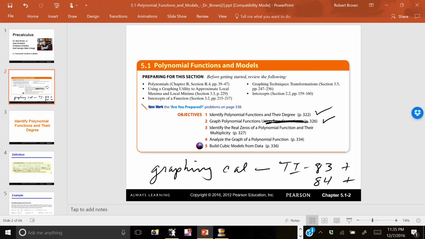Then we're going to be able to identify the real zeros of a polynomial function. And then we're going to get even further into polynomials by being able to analyze the graph. And then very briefly, we're going to talk about how we can build cubic models from data.